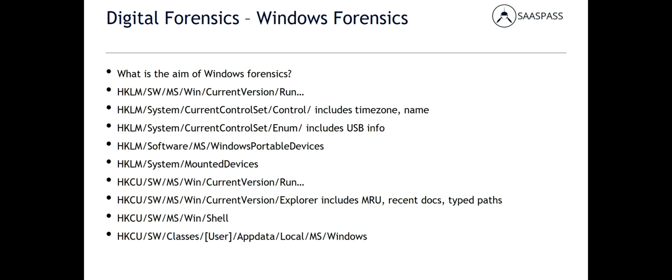And one more place that you can find such information is the last entry here, the current user software classes, username, AppData, Local, Microsoft, Windows. This registry key and the data below it include again shellbags, and these are the shellbags that a specific application is using.